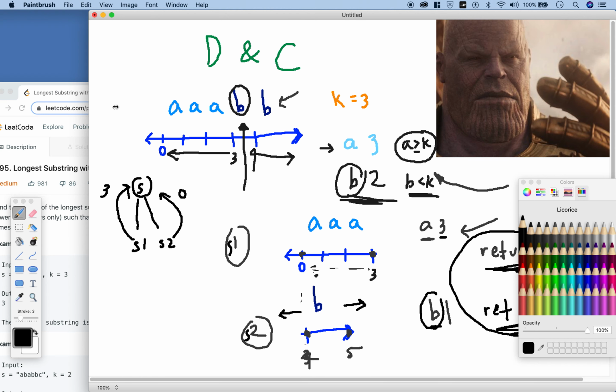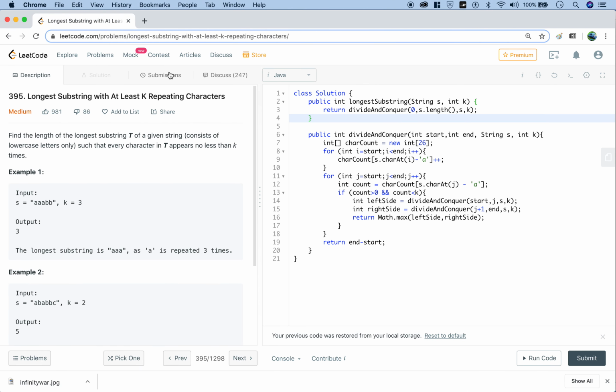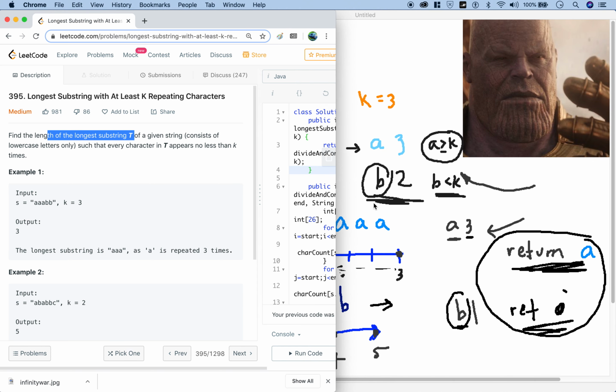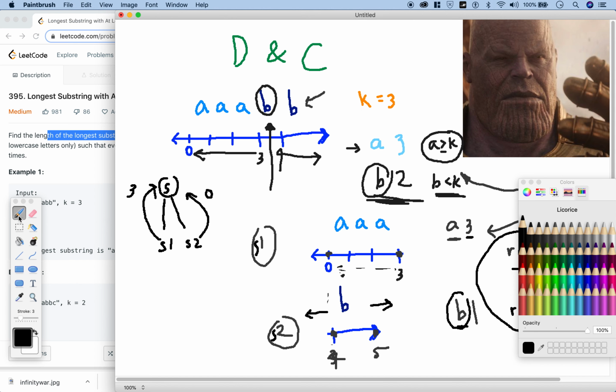So if we go back to our problem, it's going to say find the length of the longest substring. So we're going to keep the bigger of the two strings. In this case, of course, it's 3.